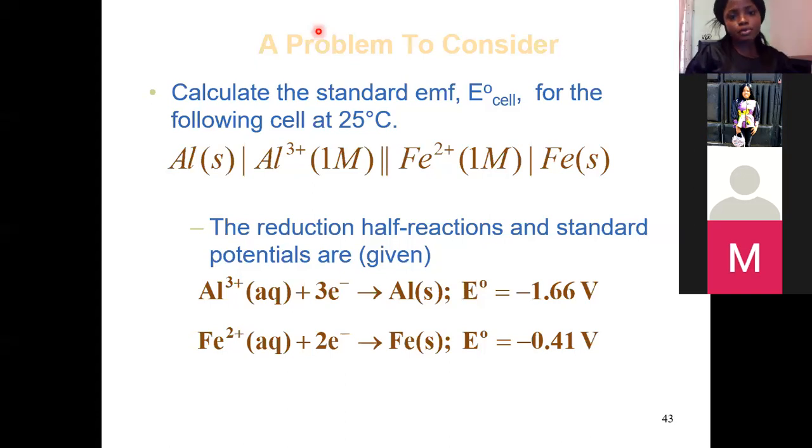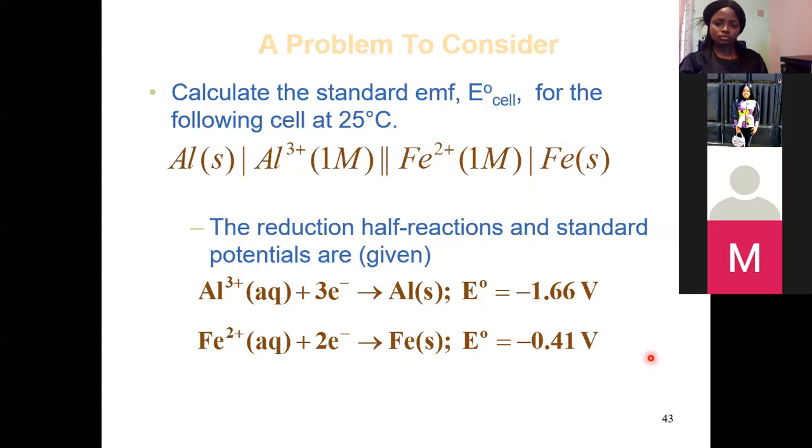Here is a problem to consider. It says calculate the standard EMF cell. I don't know where this feedback is coming from. Please, can you all mute for now? That's why there's an echo, because they are not all muted. Yes, Mary Damilola is not muted. I think it's better now.